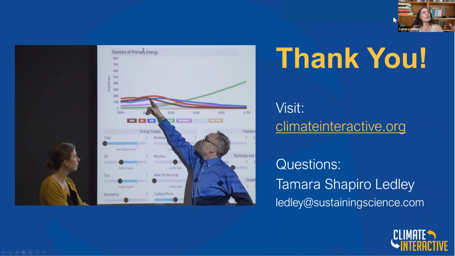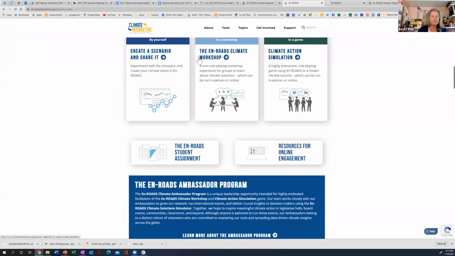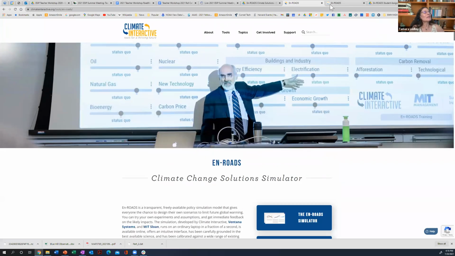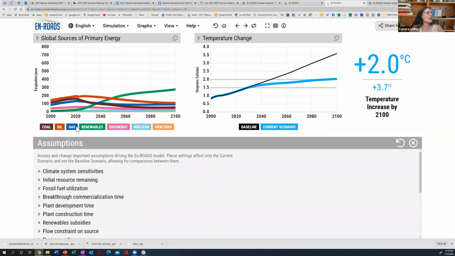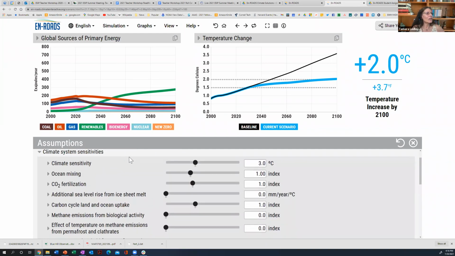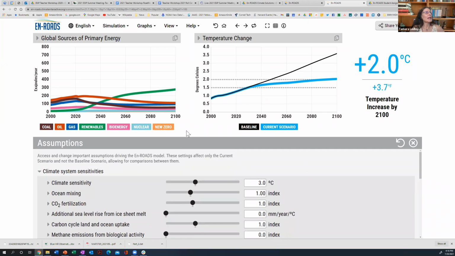Another thing that may be of interest is, in the simulations, you can go to assumptions. This tells you for each assumption, and you can change them. So if you don't agree with them, you can change the sensitivity of each of these components of the Earth system and see what impact that has.